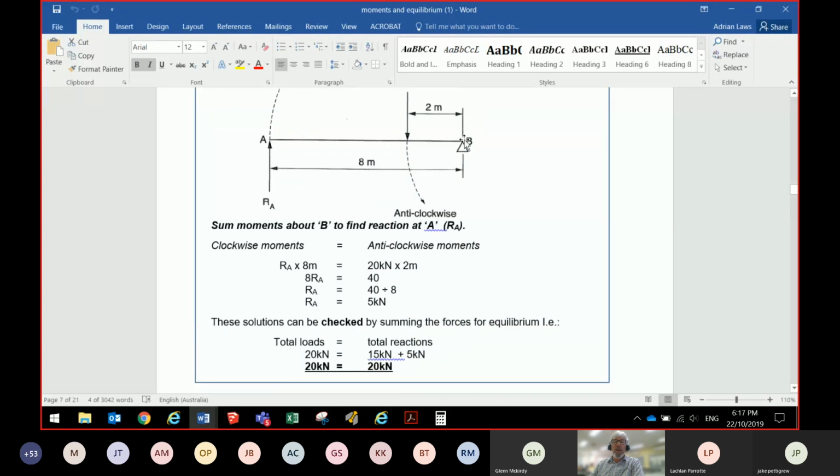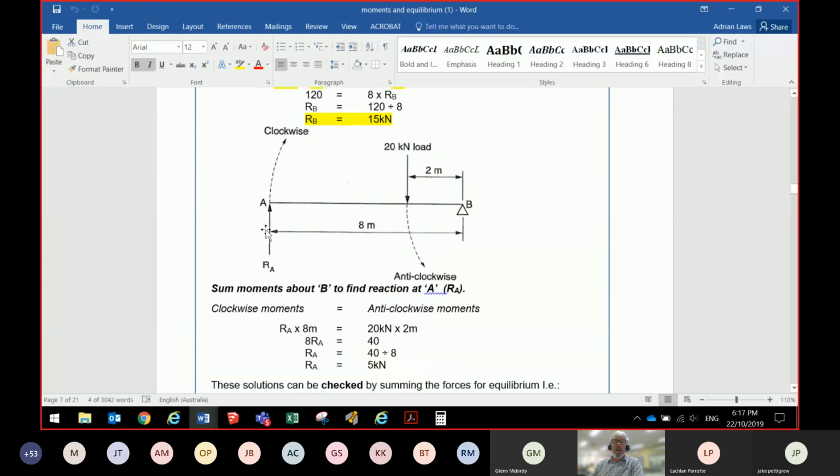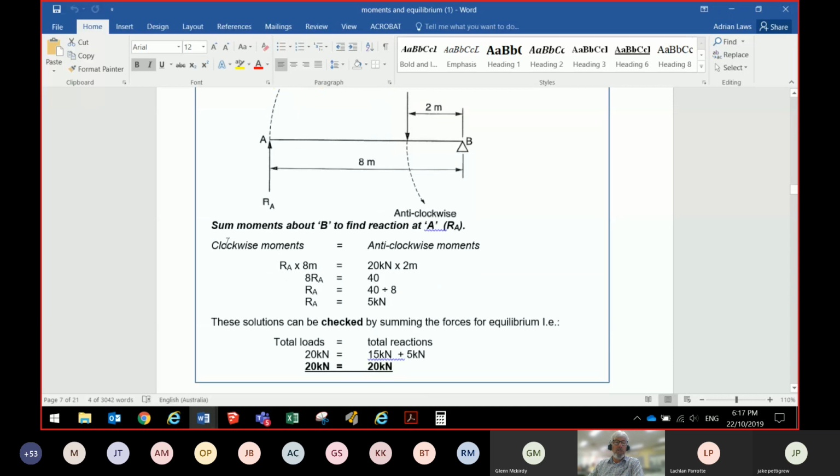So if we stand over here at B, the first clockwise moment is A. It's occurring clockwise. We don't know what it is, but we know it's 8 meters apart. And the first anti-clockwise moment, coming around this way, is the 20 kilonewtons, and it's exerting 2 meters apart. So we write out our little formula like this: clockwise equals anti-clockwise.